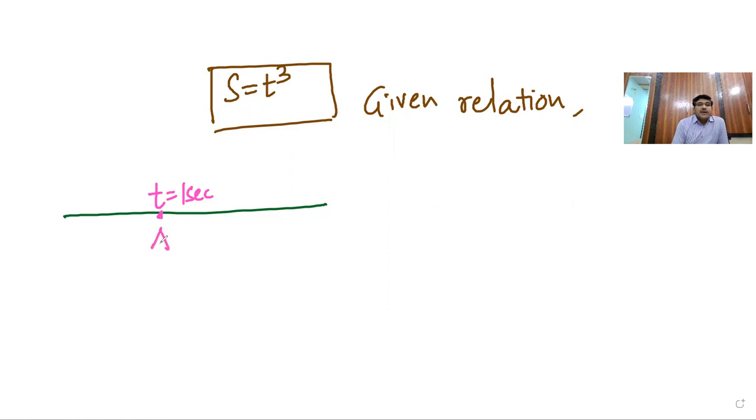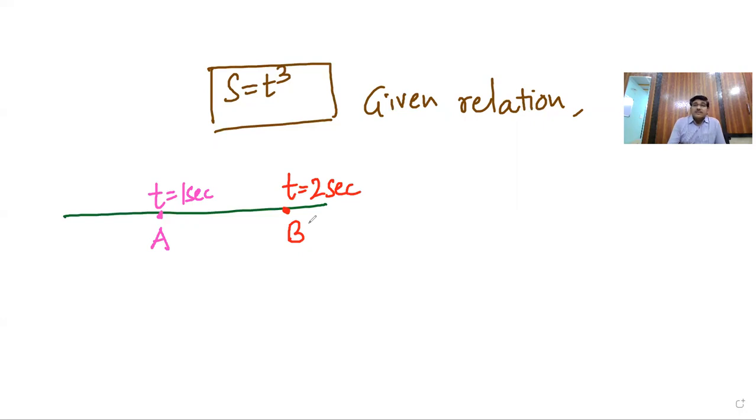Let us say I am giving a name A to that point, at t is equal to 1 second, a particular instant. Similarly, it requires velocity at another particular instant, at t is equal to 2 seconds. I am giving a name B. That means during the entire path of travel, at t is equal to 1 second, at that particular instant A, and similarly at t is equal to 2 seconds, at that particular instant B, it requires the velocity.